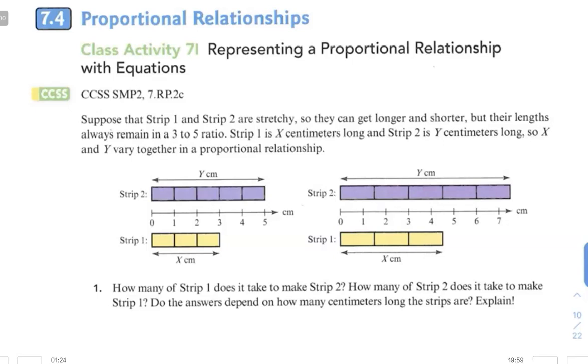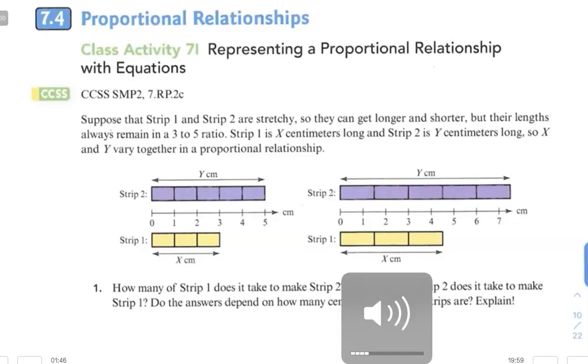If you stretch both of them, then strip 2 is going to be 7.5 or so, and strip 1 is going to be 4 and a little bit. But still, do you notice that strip 2 is going to be 5 of those rectangles, and strip 1 is going to be 3? They're getting stretched, but their proportional lengths remain the same in a 3:5 ratio.